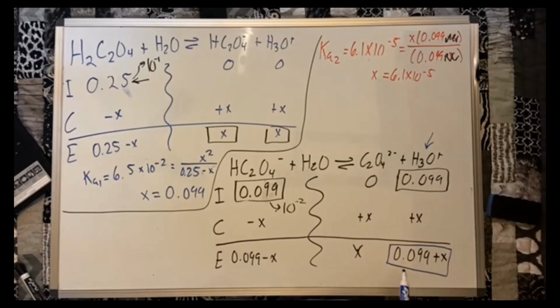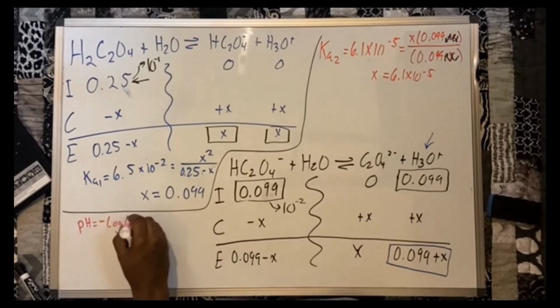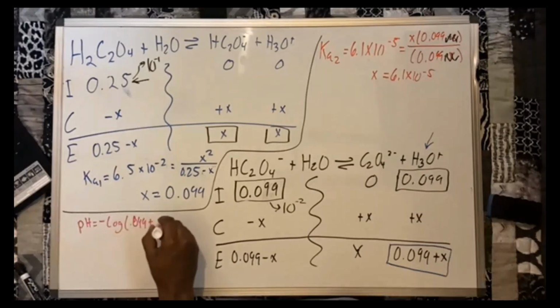Right. So now we're just going to take the negative log of this. Let's do it over here. I'm all over the place on this board. So pH is the negative log of 0.099 plus 6.1 times 10 to the negative fifth.